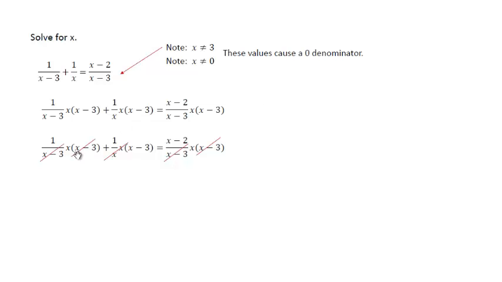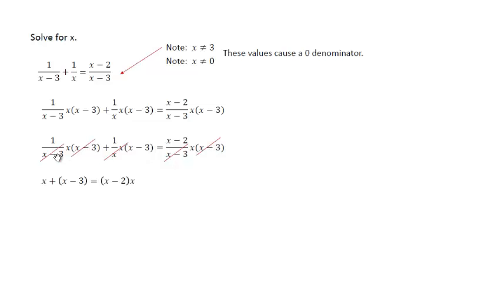Now you'll see that we can eliminate the common denominator and one of the factors in each one of the terms. So in the first term, x minus 3 and x minus 3 gets eliminated. In the second term, the x in the numerator, x in the denominator divide out to 1, so they're eliminated. And in the term on the right-hand side, x minus 3 and x minus 3 are eliminated.